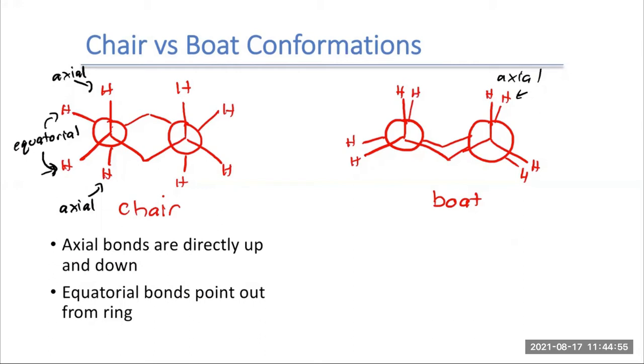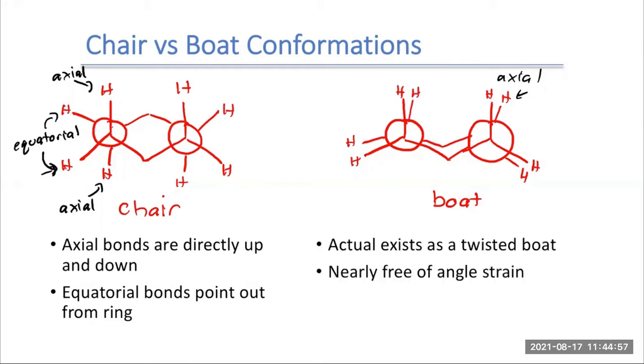Instead of being just a regular boat like this, what it's going to do is it actually exists as a twisted boat, which becomes nearly free of our angle strain. So what a twisted boat looks like might be something more like that.